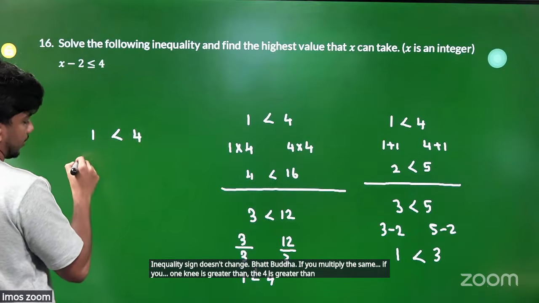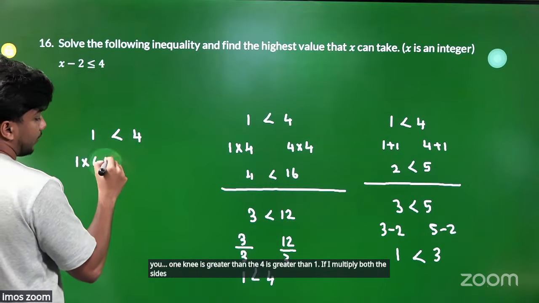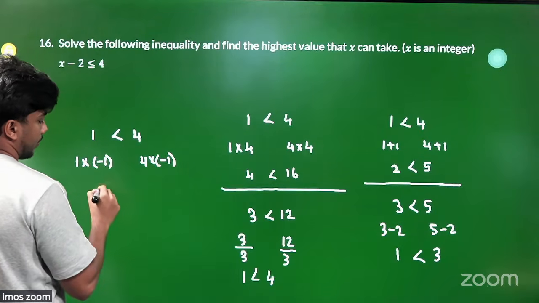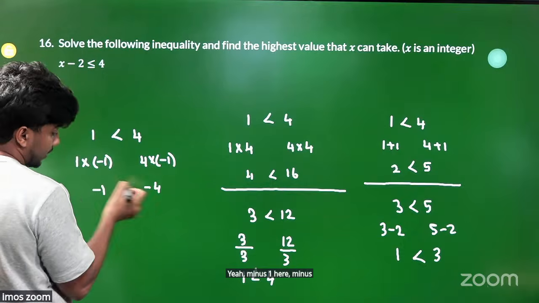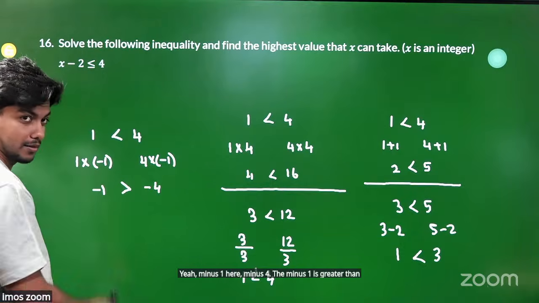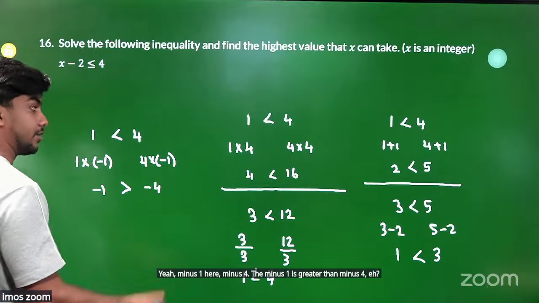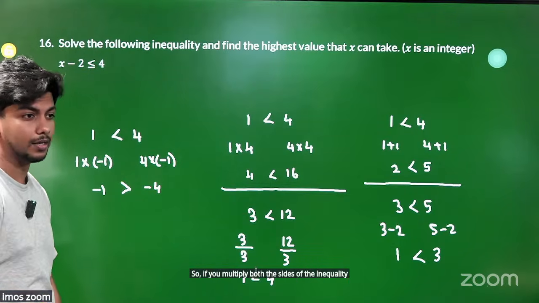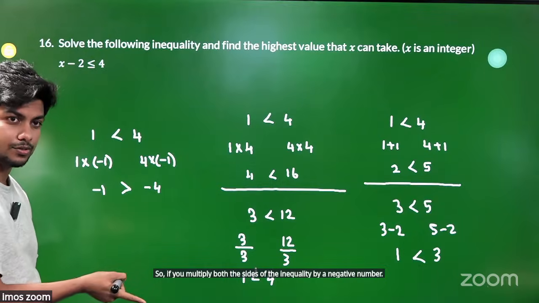But if I multiply both sides by a negative number, here -1, here -4. -1 is greater than -4. So if you multiply both sides of the inequality by a negative number, the sign changes.